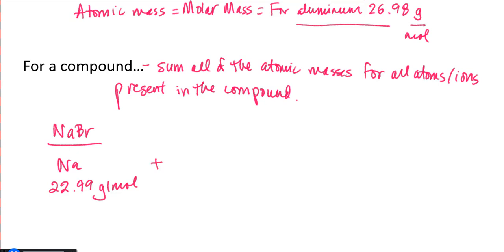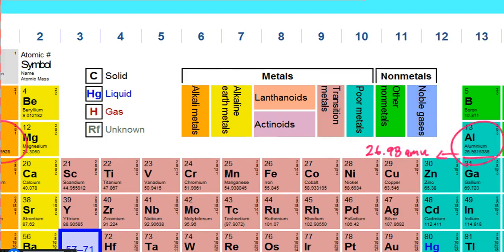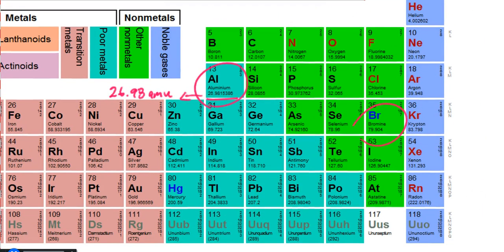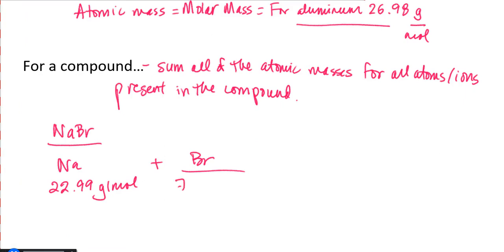But to that, I would have to add the molar mass for bromine. If I look up bromine, its molar mass would be 79.90. So that would be plus 79.90 grams per mole. If I add that up together, I get 102.89 grams per mole. All right.